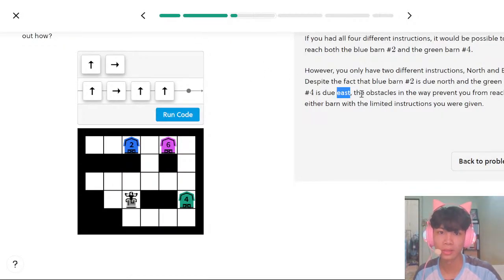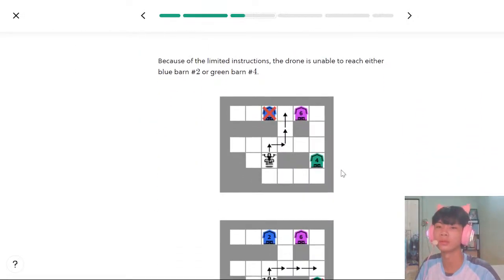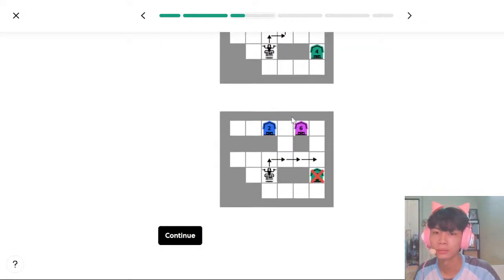The obstacles in the way prevent you from reaching either barn with the limited instructions you were given. Because of the limited instructions, the drone is unable to reach either blue barn 2 or green barn 4.